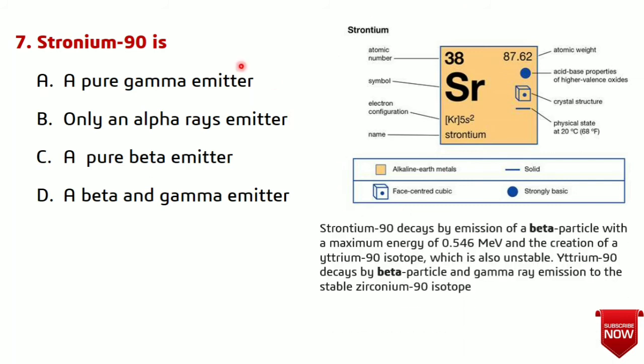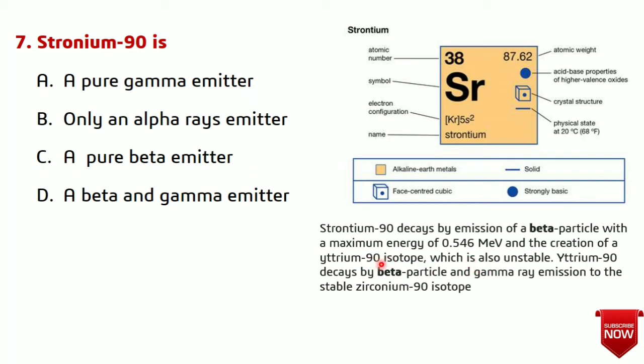And coming to this question, strontium 90 decays by emission of a beta particle, so it is a pure beta emitter with a maximum energy of 0.546 MeV and the creation of yttrium. After decaying by the beta particle, it gives the yttrium 90 isotope, which is also unstable.